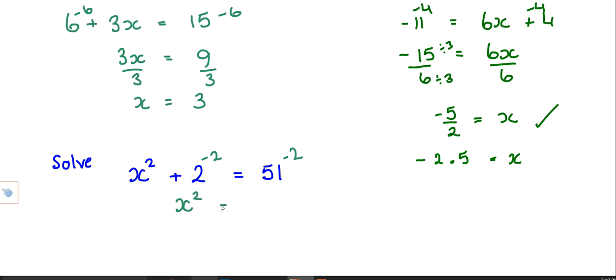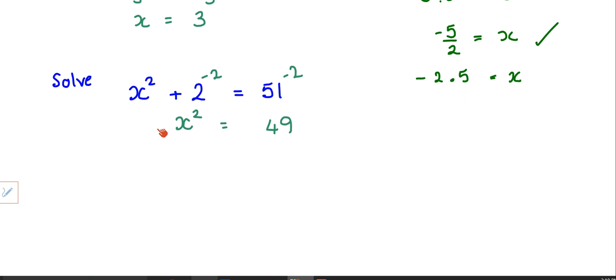x times x equals 49. Now, how do I do the opposite of something times itself? Square root. So I have to do the opposite of squaring, so I square root both sides.